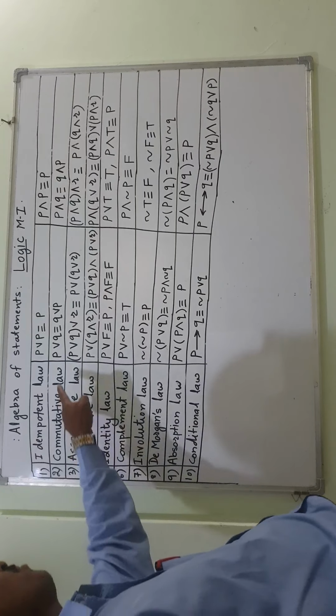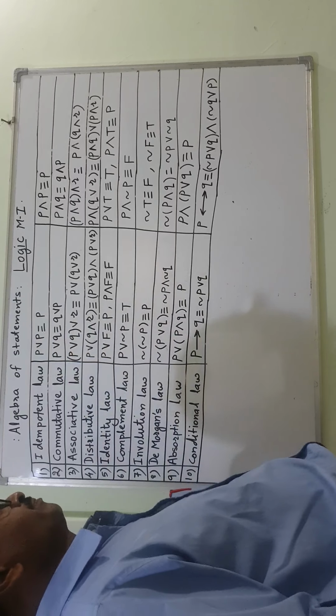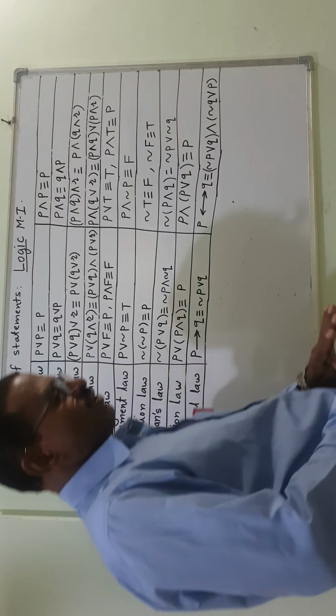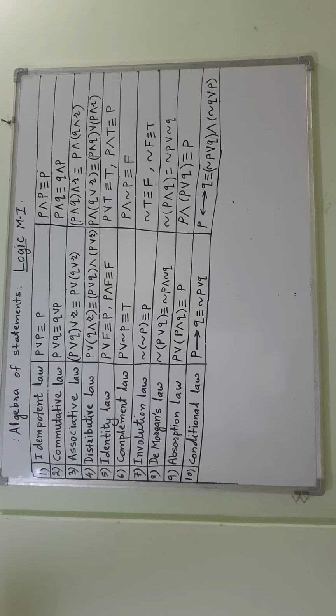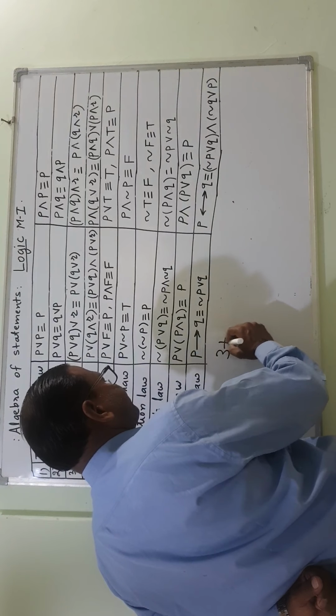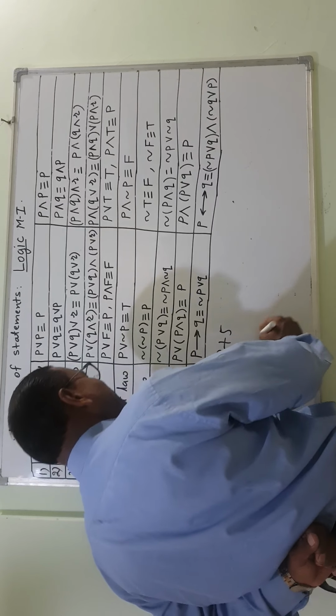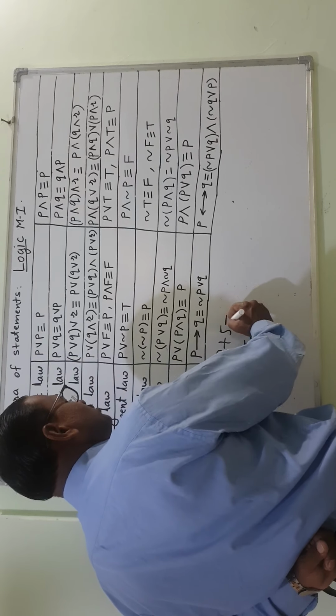Now commutative law, P or Q. What is that commutative? Commutative means the sequence. 3 plus 5, you can write it as 5 plus 3. Is the value changing?